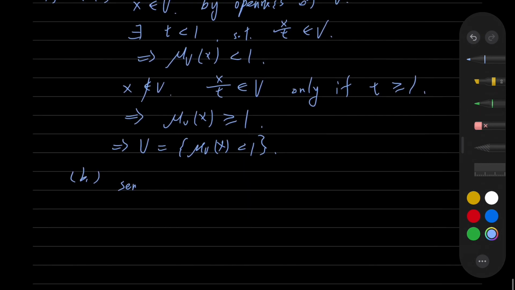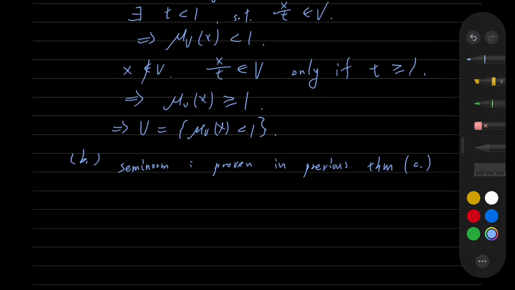The seminorm is proven in the previous theorem, which one's that? I think it's C.